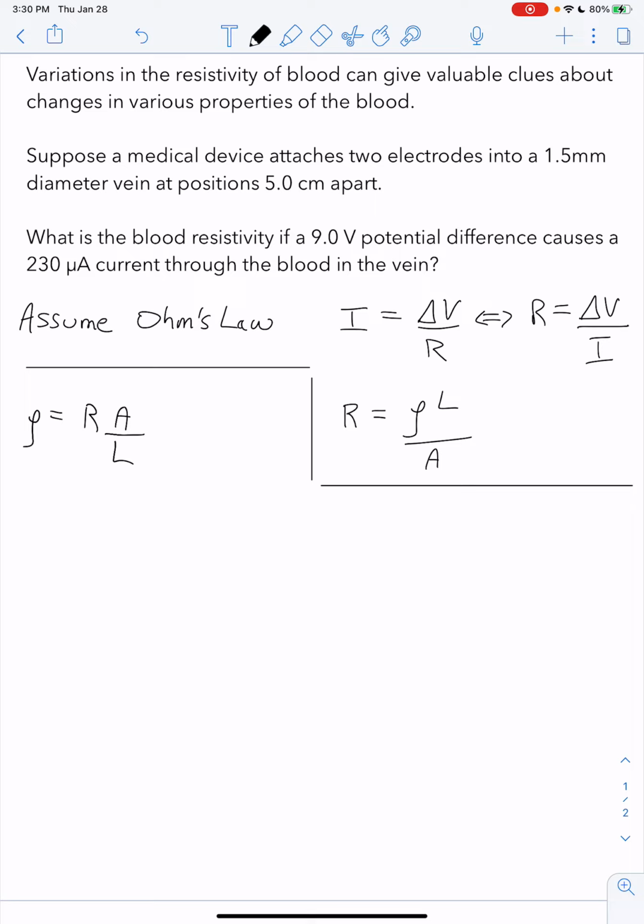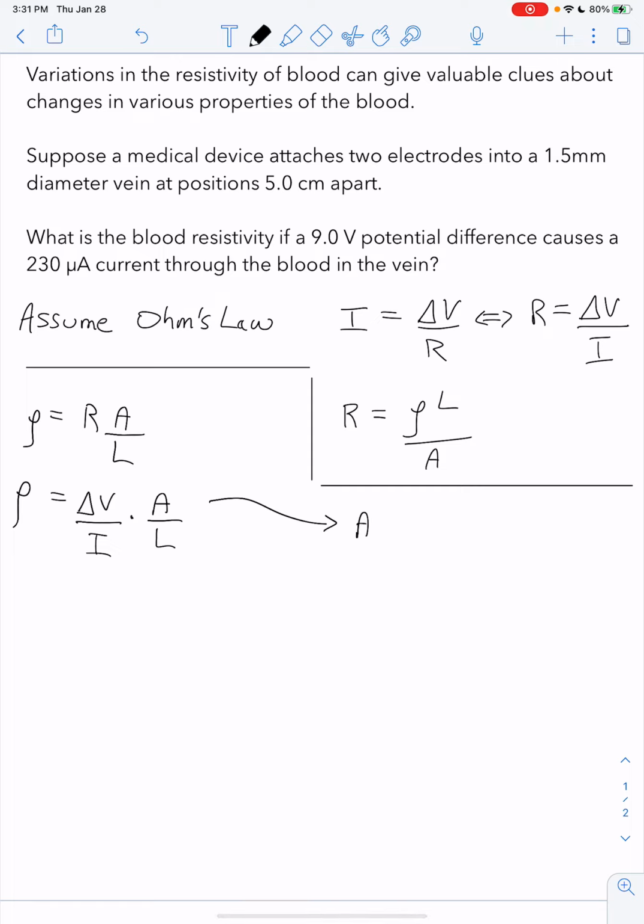Okay, we also know that the resistance is equal to the potential difference divided by the current, and the area and the length. Okay, so now the resistivity is related to quantities that we pretty much all know, except for area, but we can get the area from the given diameter of the vein.